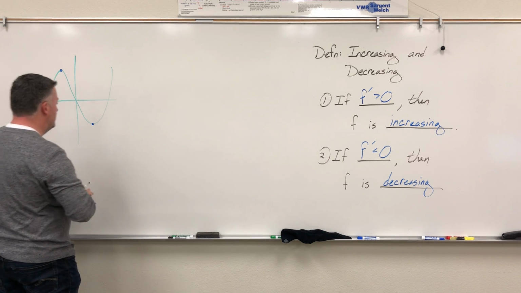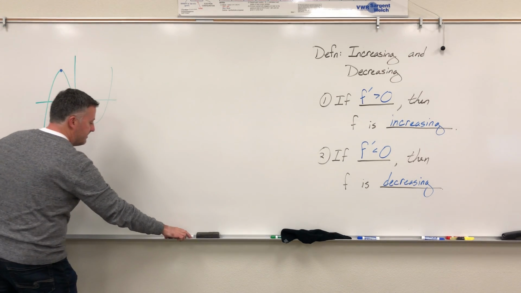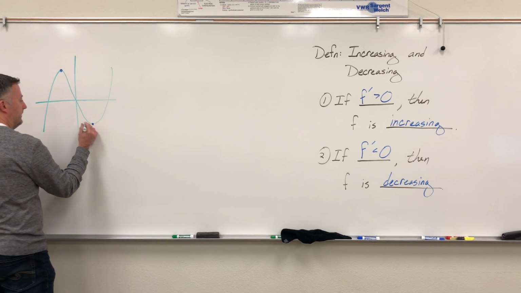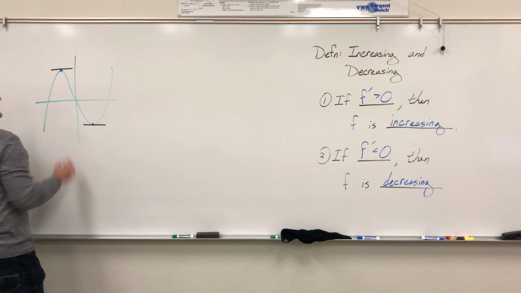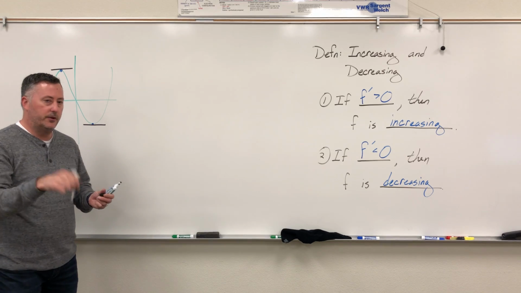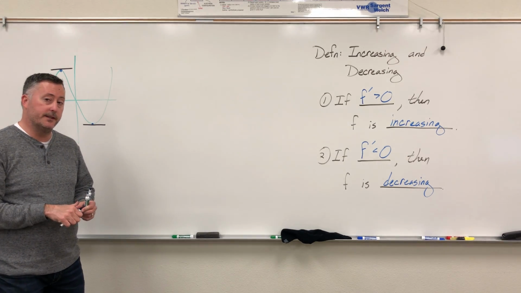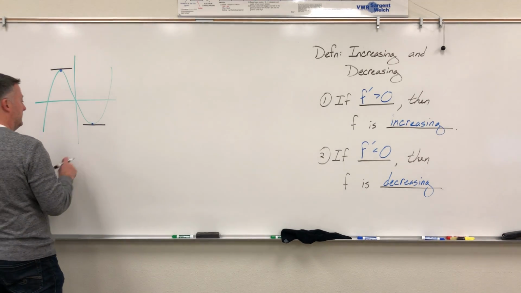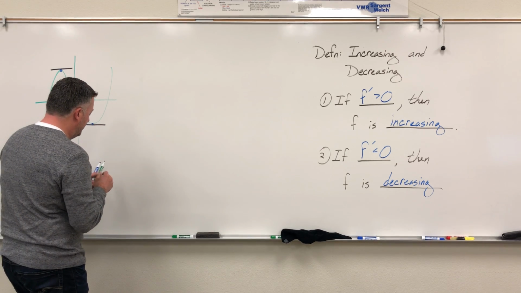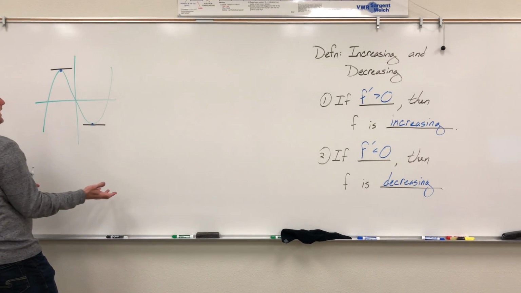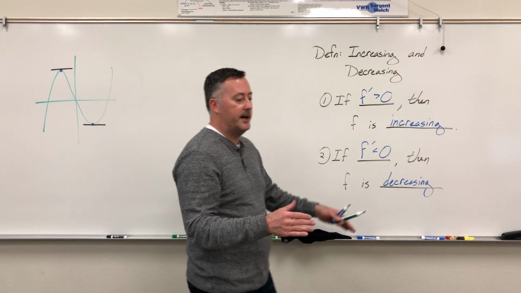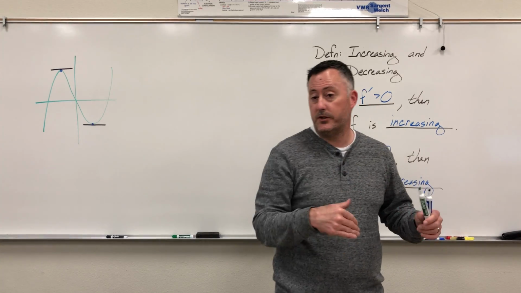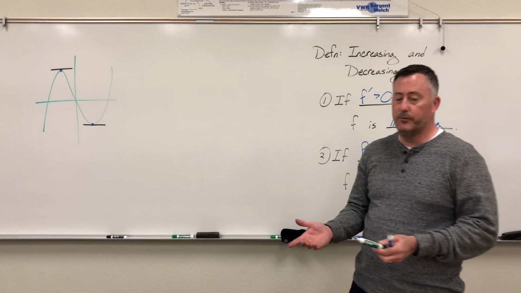Now, if you drew the tangent line in there, it would actually be like this and this. So those slopes would be 0 because that's where you have a horizontal tangent line. So the derivative itself is now switching around. It's going from negative to positive, but whenever it's switched, that's when the derivative was 0.